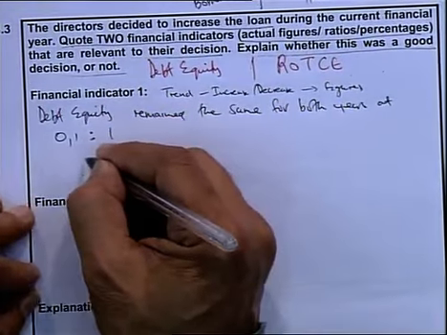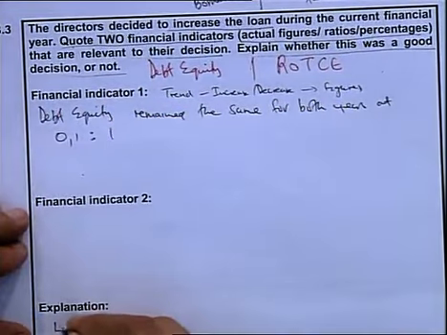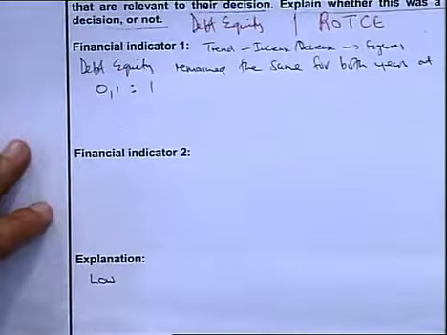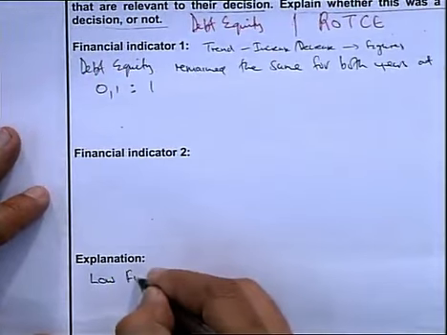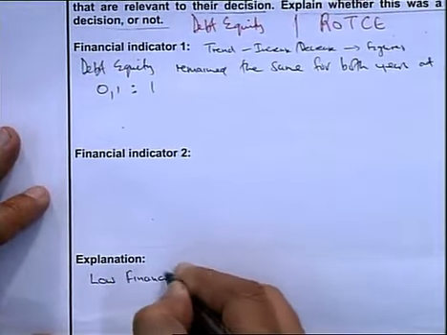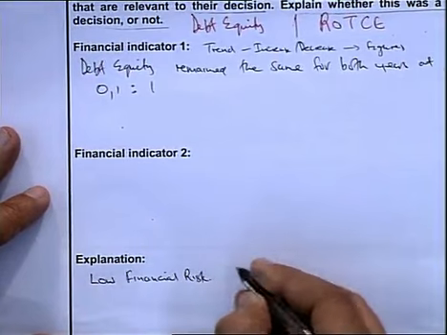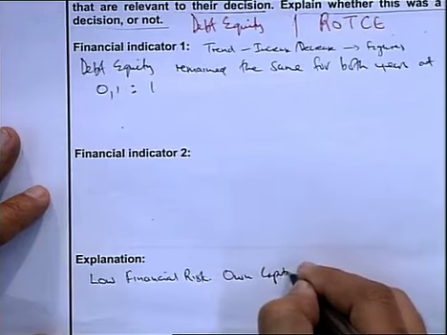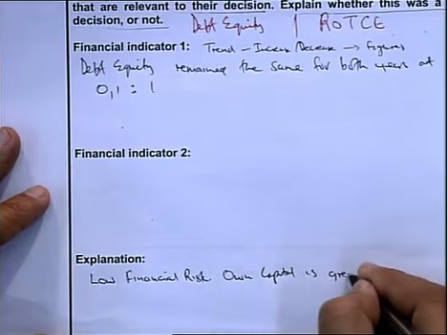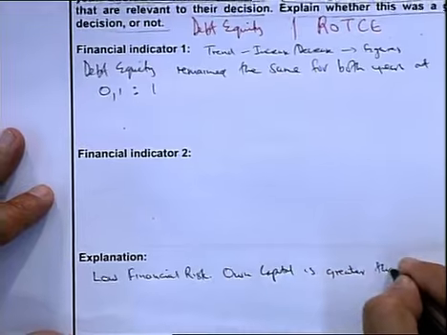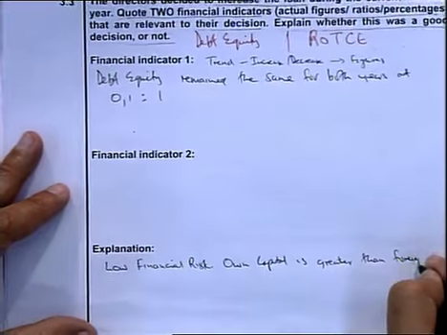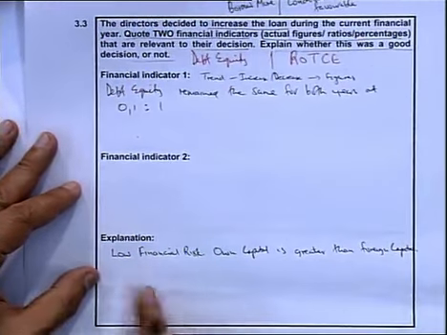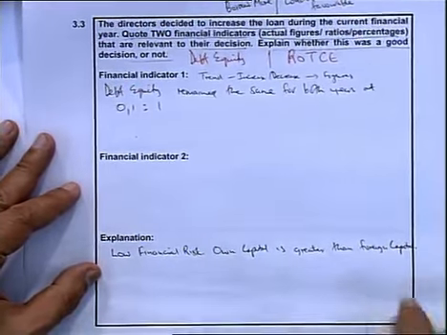Remember, I said it's a low financial risk. So now I'm filling in the comment regarding the debt equity. It's a low financial risk. Own capital is greater than foreign capital.